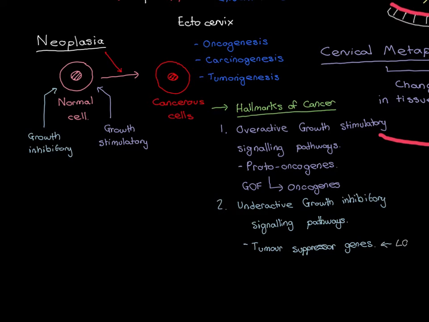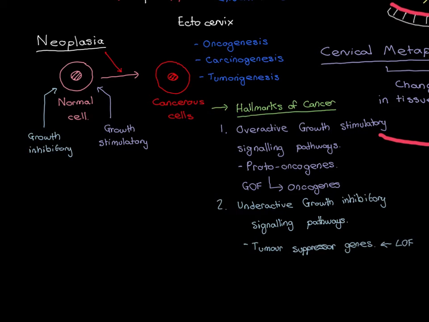So cancer cells are going to have gain-of-function mutations in some of their proto-oncogenes, making them oncogenes, and they're going to have loss-of-function (LOF) mutations in their tumour suppressor genes, which are going to lead to underactivity of the growth inhibitory signaling pathways, and both of these together are going to mean that the cell completely overproliferates. Okay, so that's hallmark number 1 and hallmark number 2 of cancer, and these both give rise to the cell overdividing. Okay, so those are 2 of the properties of cancerous cells.